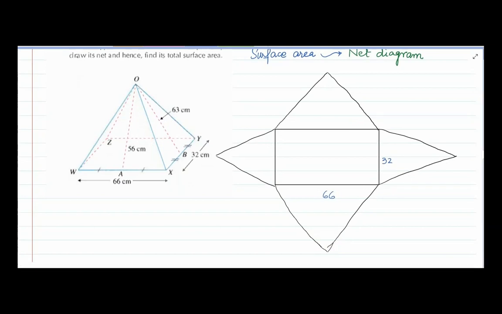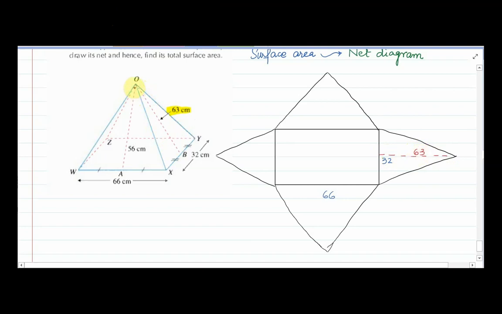Once you draw the diagram, after that you need to specify the lengths we have in our main diagram. First, I am going to highlight the length of 63 here. Now the length 63, when you open the triangle, will be like this, right? That length is 63.